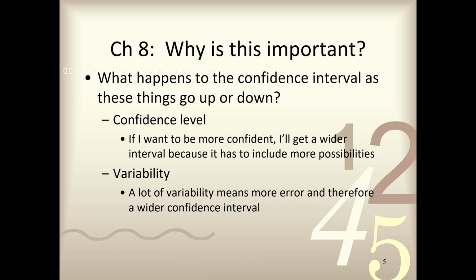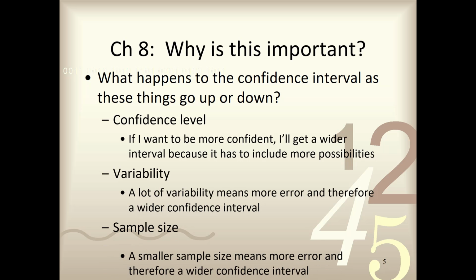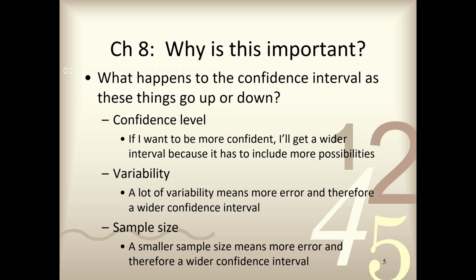And then variability: a lot of variability in my data means more error and therefore a wider confidence interval. And again, sample size: a smaller sample size means more error and therefore a wider confidence interval. So I want as big a sample size as I can get. Like we saw in the beginning of chapter 8, we can figure out how big a sample size we need based on the amount of error we're willing to take.